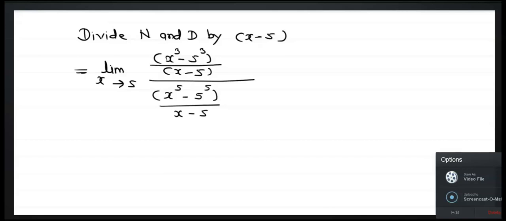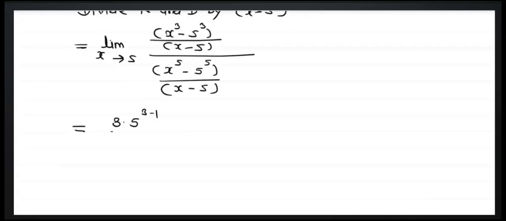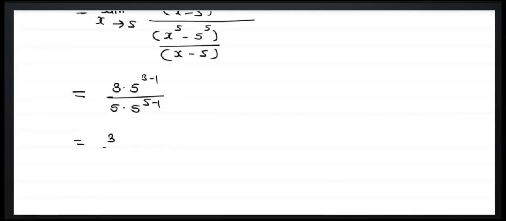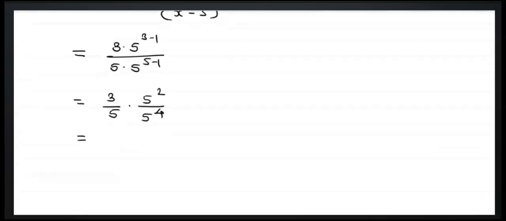Now the next is limit x tends to 5, then we will apply the formula. What is the formula? The power comes here: 3 into 5 raised to 3 minus 1 upon 5 into 5 raised to 5 minus 1. That is 3 by 5, 5 raised to 2 upon 5 raised to 4.